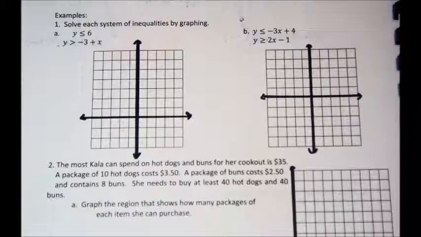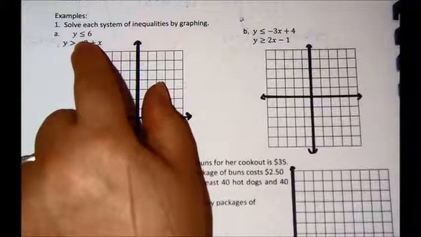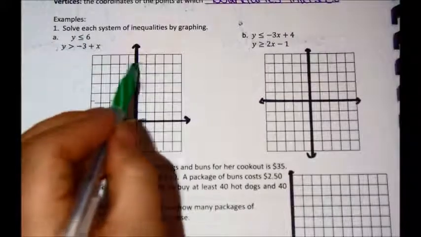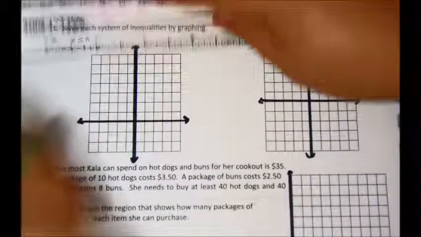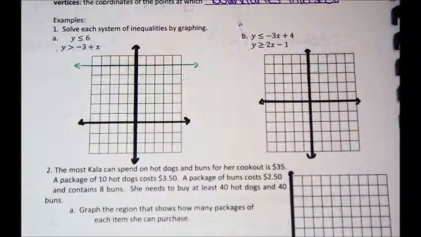The first inequality, y is less than or equal to 6, is a horizontal line at y equals 6. We know that line is going to be solid because it's an equal to problem. So at y equals 6, we are going to draw a horizontal line. Y is less than 6, therefore we are going to shade where the y's are going down.